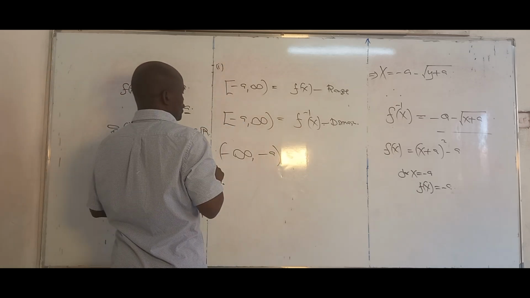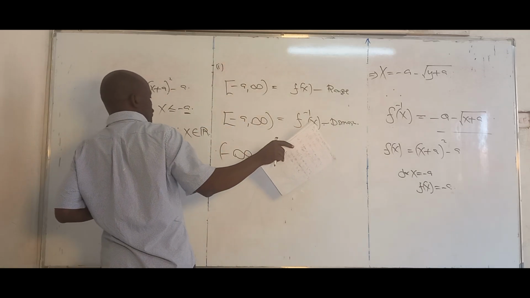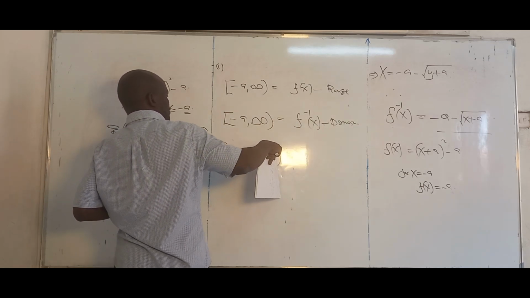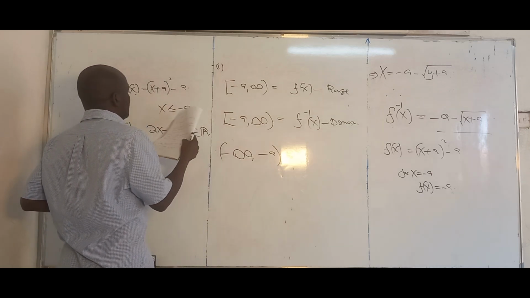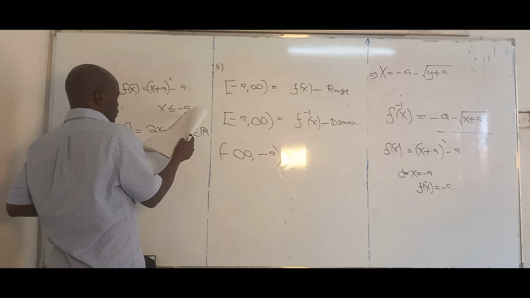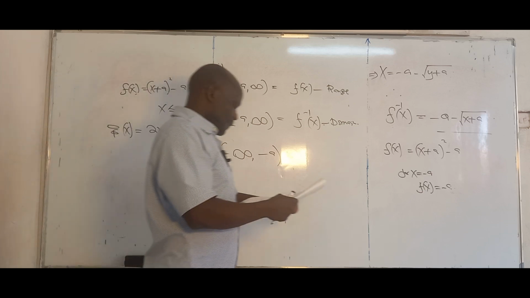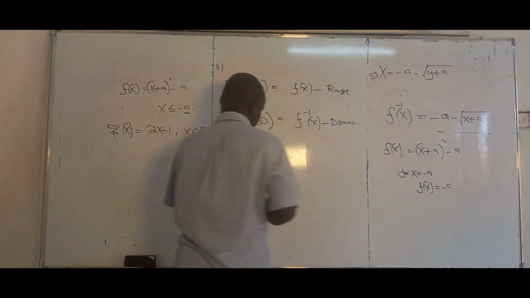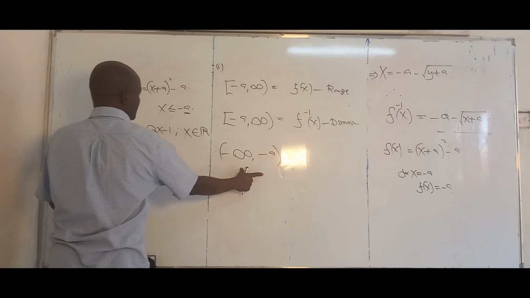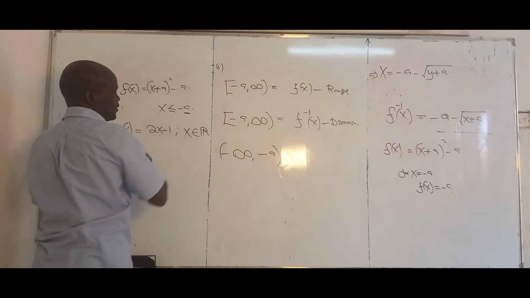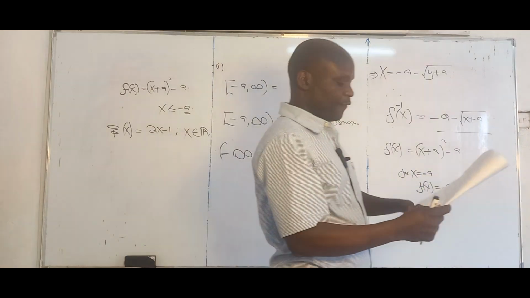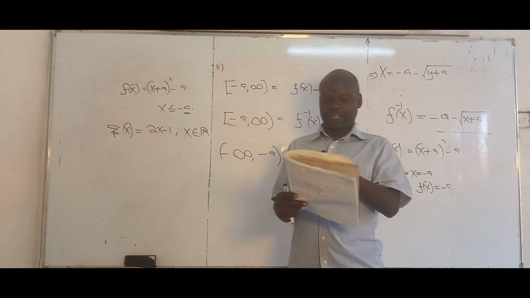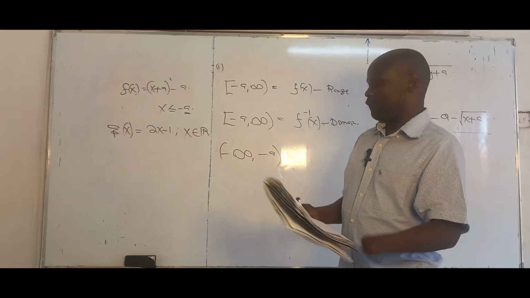But as we approach A, this negative A, as we approach 0, we meet a constant beyond which we cannot go because we have x less than or equal to minus A. So we say thus the range of f inverse of x is minus infinity to minus A, since the range of f inverse of x is the domain of f of x.